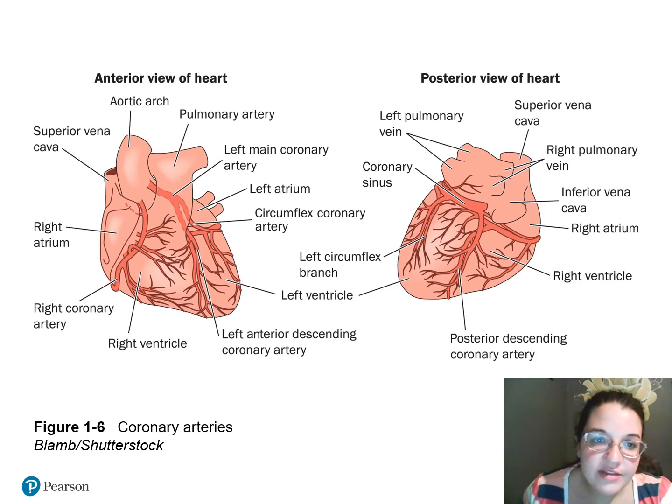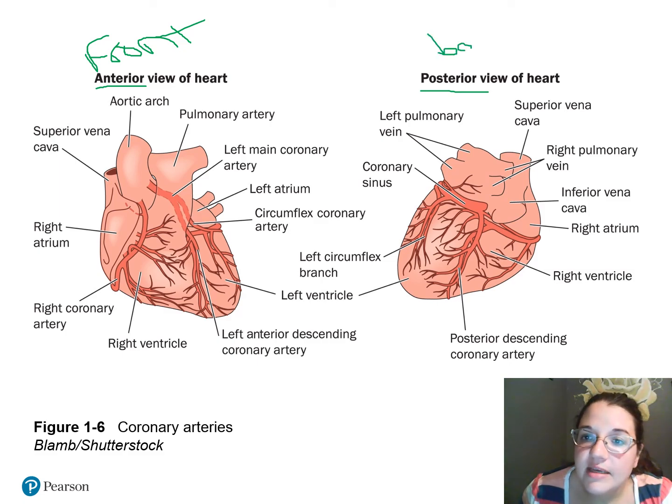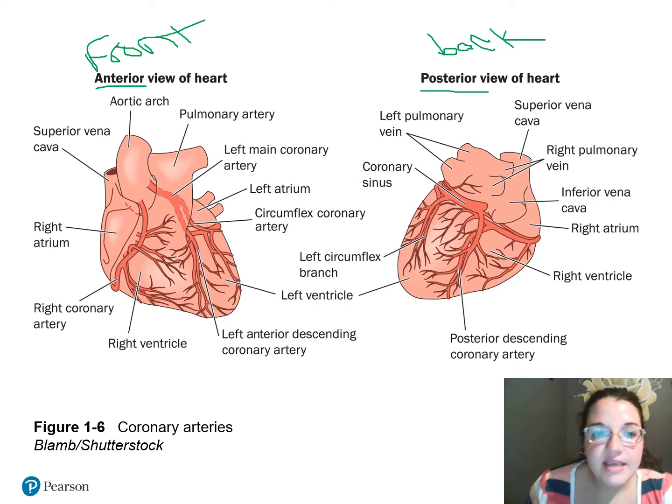So if you look here at the image, notice we have anterior and posterior. Anterior means the front view. So if I am looking right through your chest, I am looking at the anterior view. But if I am looking through your back, I am looking at the posterior view of the heart. And then you see all of your coronary vessels.